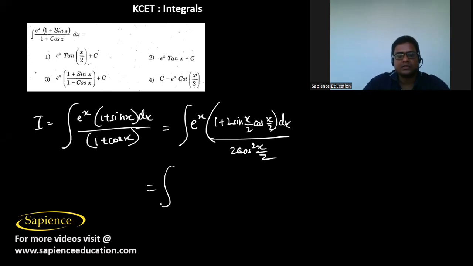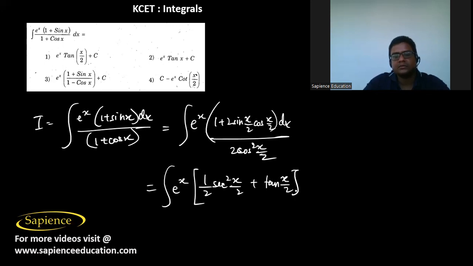So therefore this can be written as integral e power x 1 by 2 secant square x by 2 plus, the 2 and 2 will cancel, plus tan x by 2 dx.